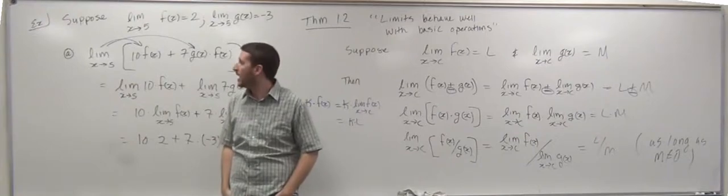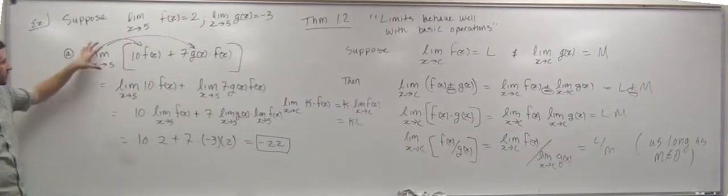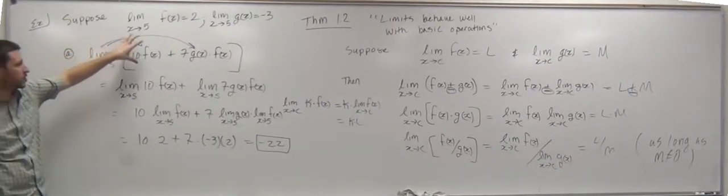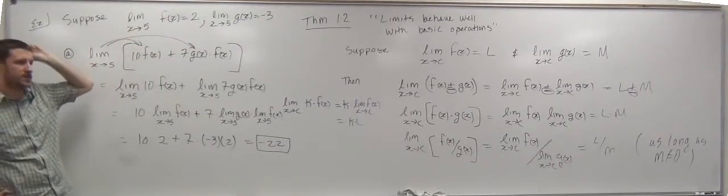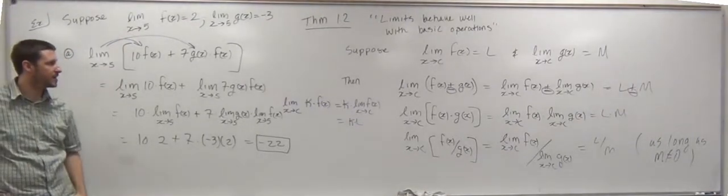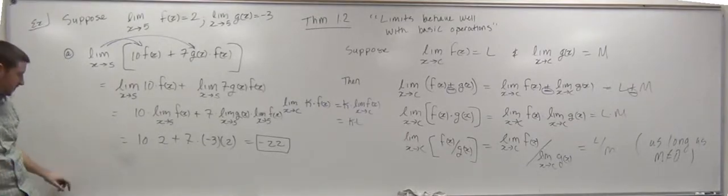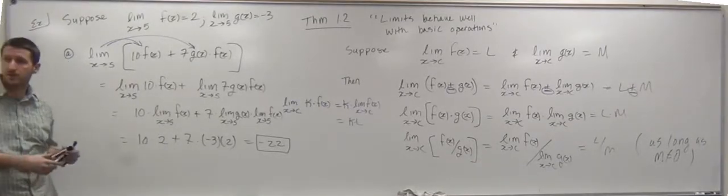I'm telling you, in this particular part of 1.3, that limits can be pushed across plus signs. I'm asking you, is there anything in math that doesn't work for that? Exponents. Doesn't work for exponents.